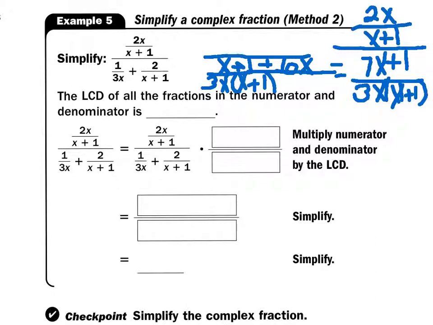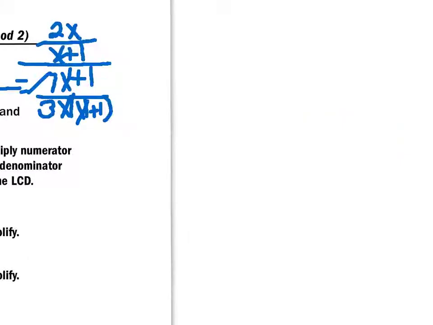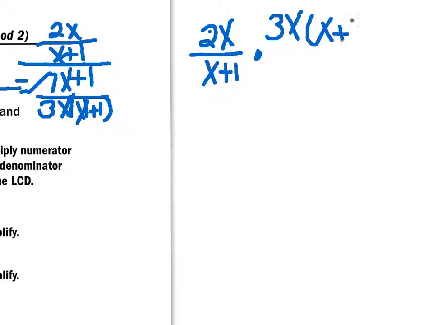And then I'll flip and multiply again. Let me move this over. Okay, 2x over x plus 1 times 3x x plus 1 over 7x plus 1.